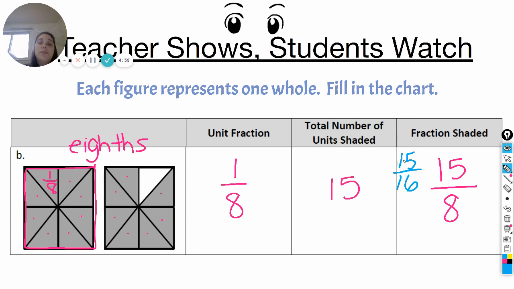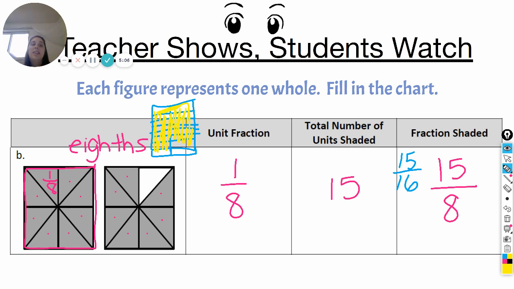But if we wrote this as 15 over 16, that would be like saying we had a square that was broken into 16 pieces, and that we had 15 of those pieces shaded.